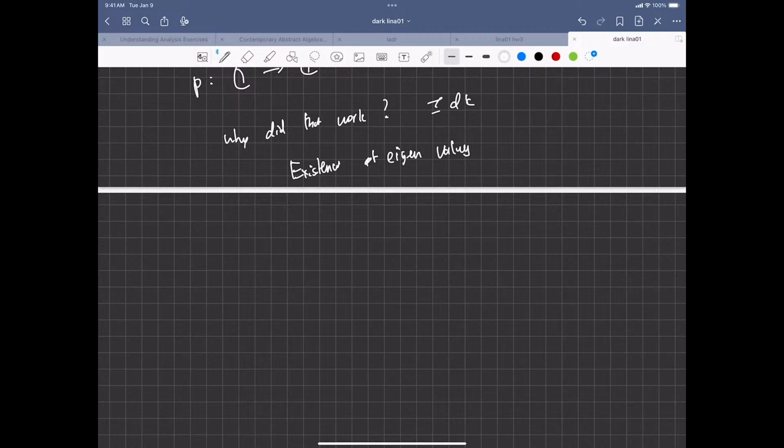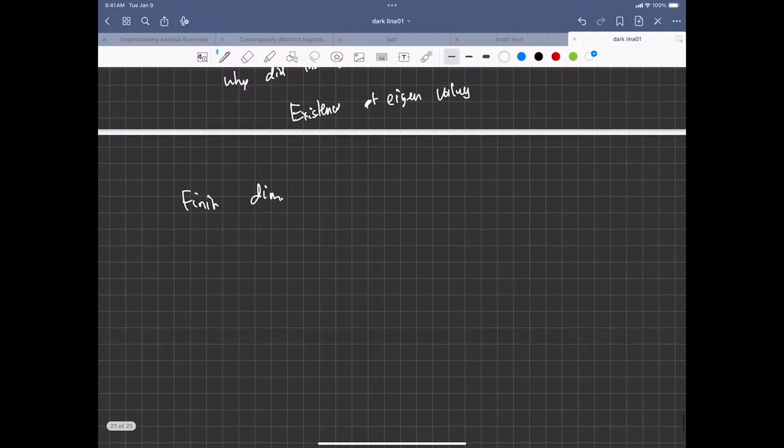So now, why? It's important to look at counterexamples. So why do we need finite dimensional? It turns out that if it's not finite dimensional, we can find operators without eigenvalues.